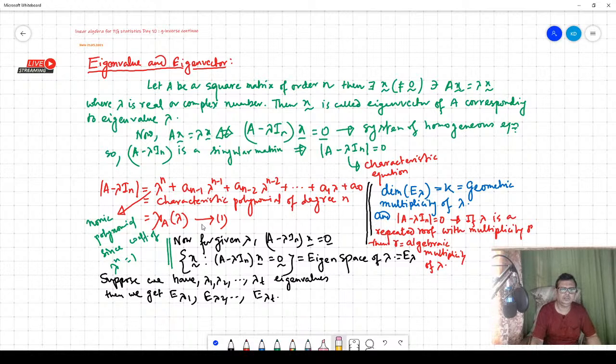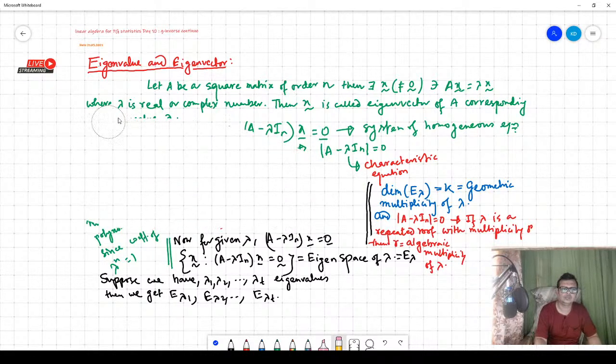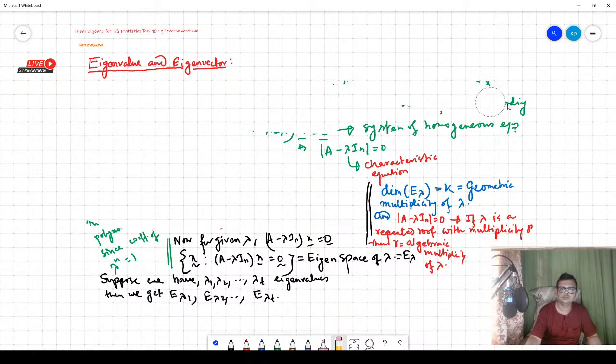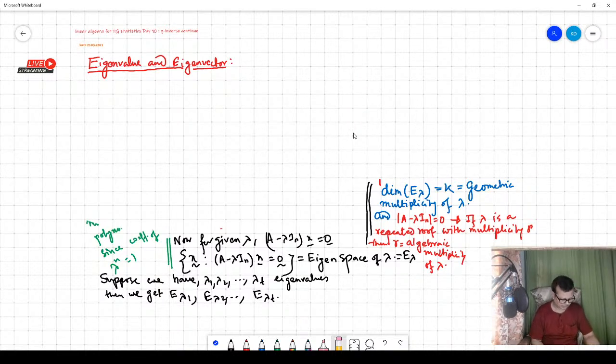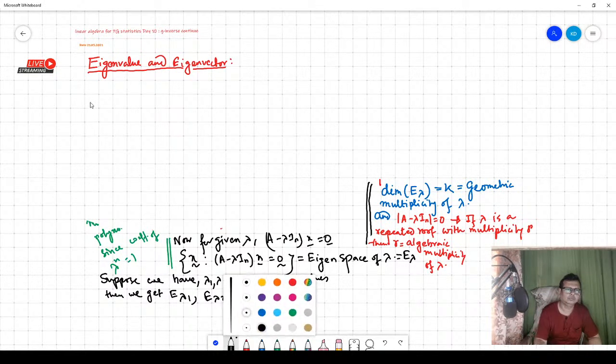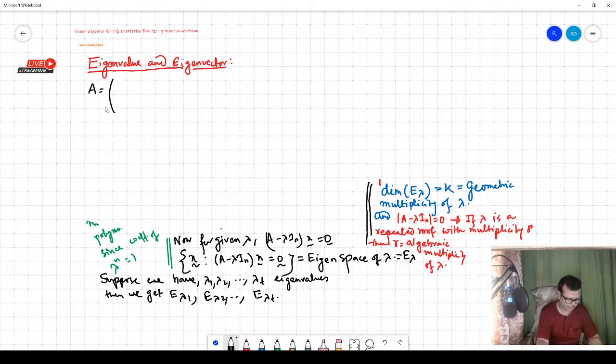Now consider some example. Suppose a matrix A equal to 1 2 0 0, 0 1 3 0, 0 0 1 4, 0 0 0 1, an upper triangular matrix.